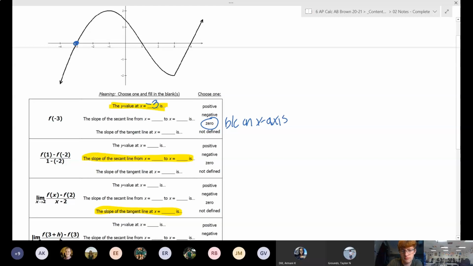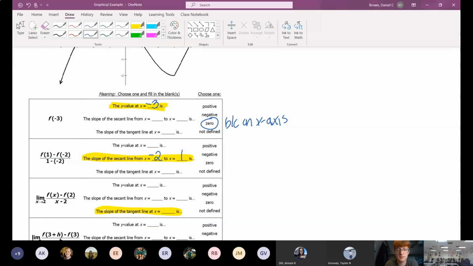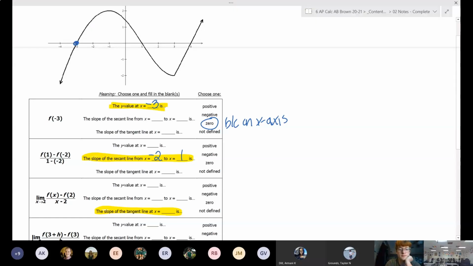So this is the secant line. We know the secant line connects 2 points together. Based on its format, I see it's going from when x is -2 to when x is 1. So if I draw that in from -2 to 1, there's my secant line. Would you say that that value is going to be positive, negative, 0, or not defined?